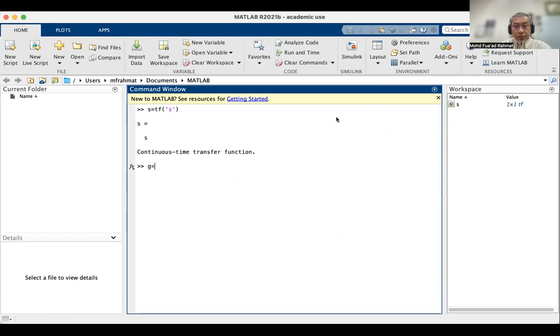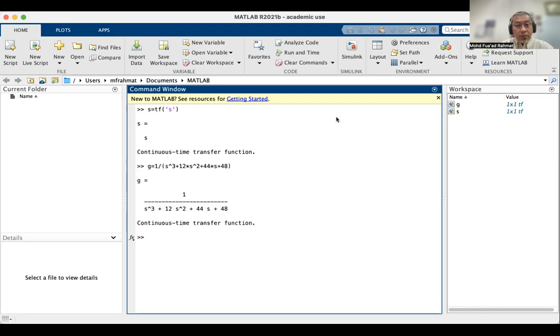G equals 1 over s cubed plus s squared plus, plus 48.